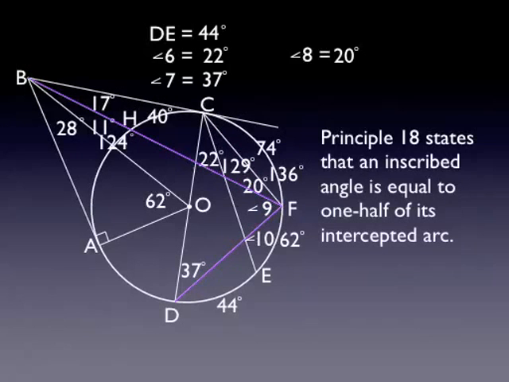Finally, angle 9 also intercepts an arc. If we take 180 degrees and subtract the 40 degrees, which is arc HC, from it, we'll have what angle 9 intersects, or 140 degrees. Divided by 2, angle 9 is 70 degrees.